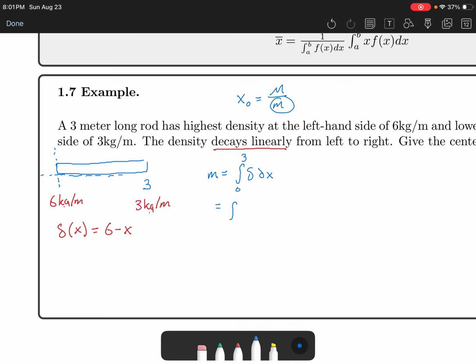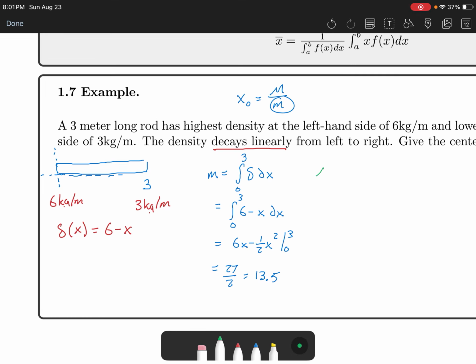So we will integrate between 0 and 3 six minus x. Finding an antiderivative and evaluating between the two boundary points tells us that the mass is 27 over 2, or 13.5.